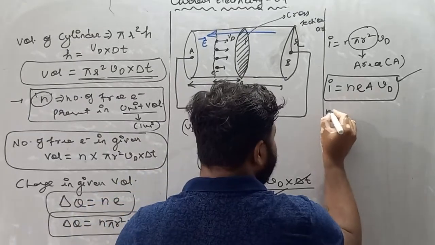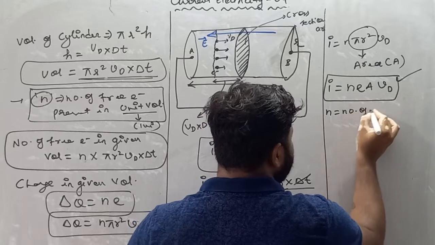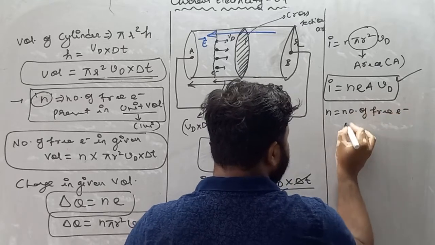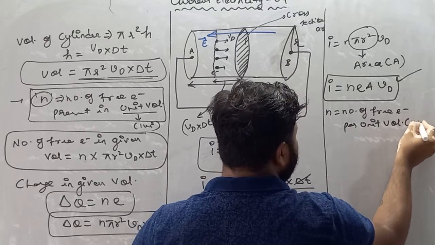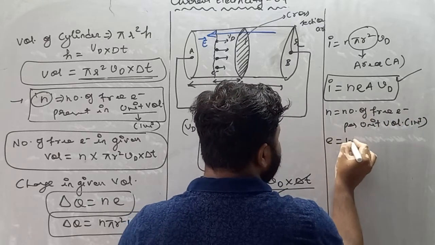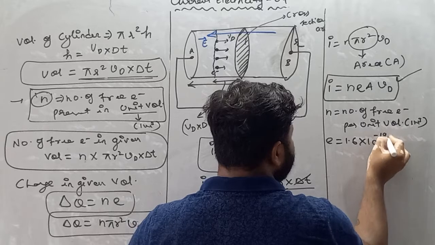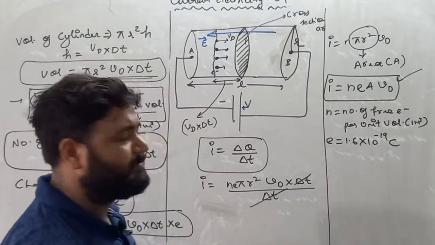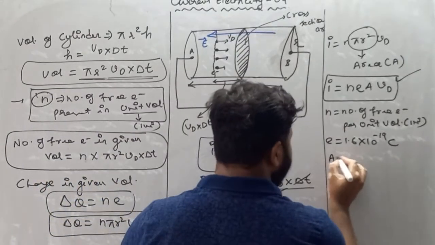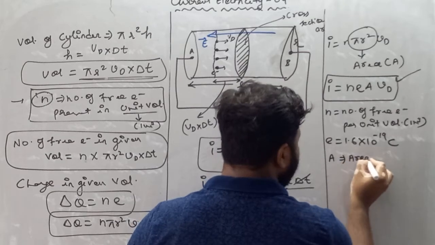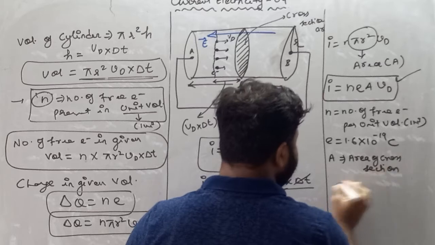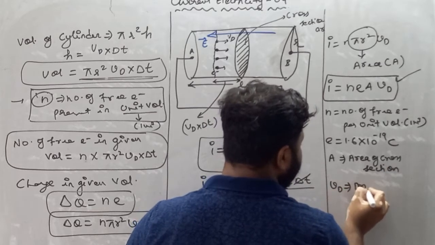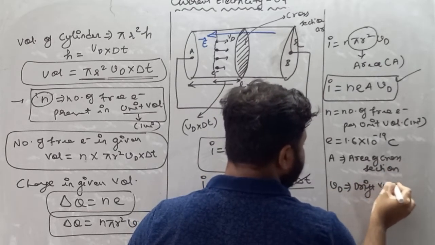My dear student, remember, small n is the number of free electrons per unit volume. Per unit volume means 1 meter cube. e is the basic charge. Its value is 1.6 into 10 raised to the power minus 19 coulomb. A is the area of cross section, and Vd is, my dear student, drift velocity.